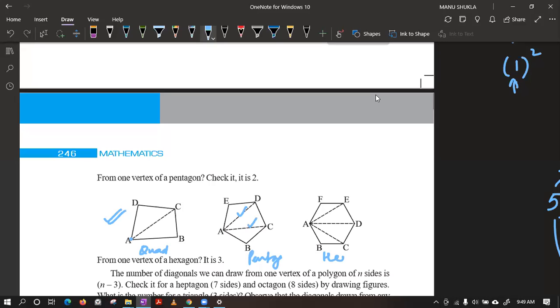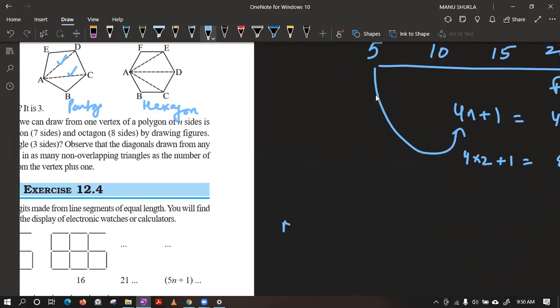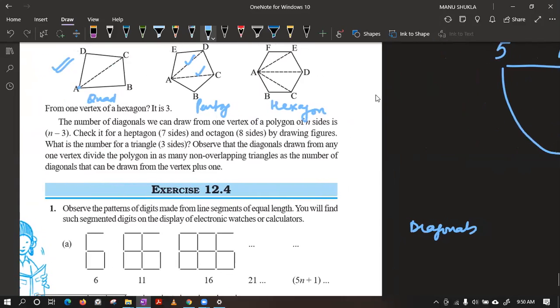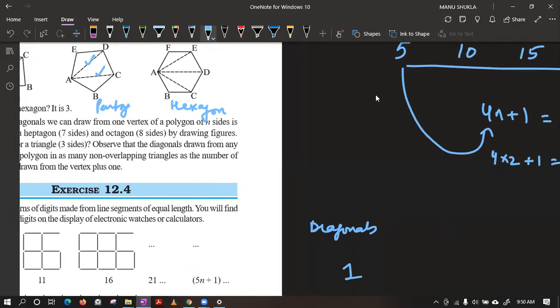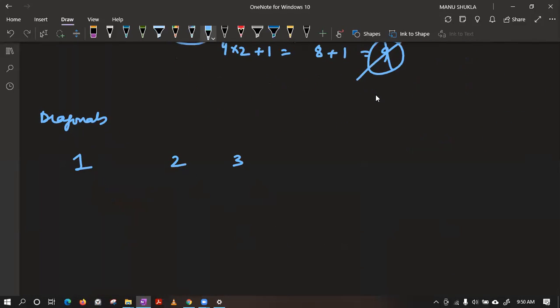If it is a hexagon, you can draw three. So you need to find a relation in this also. Diagonals is coming out as 1, 2, 3. This was in quadrilateral, this was in pentagon, this was in hexagon.